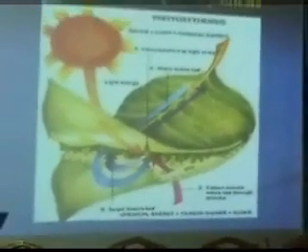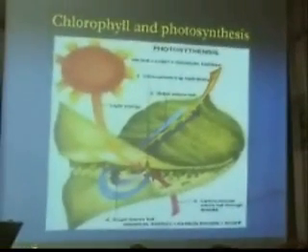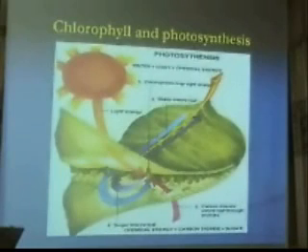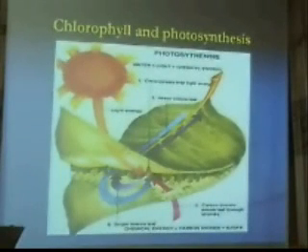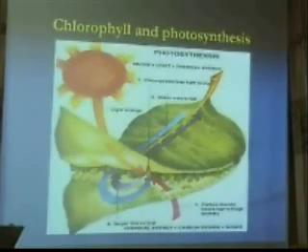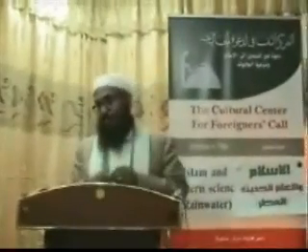Now, the water is really important for both light reaction and dark reaction. Without water, we would not have the light reaction or the dark reaction.